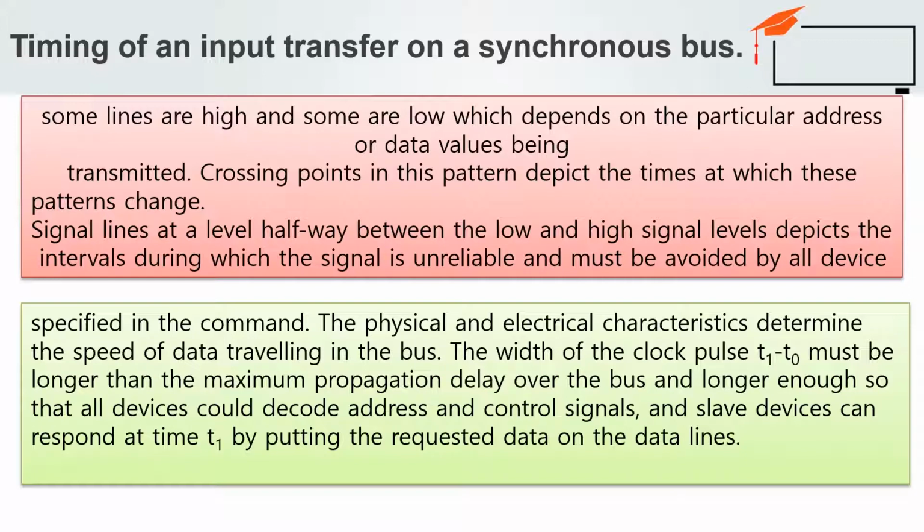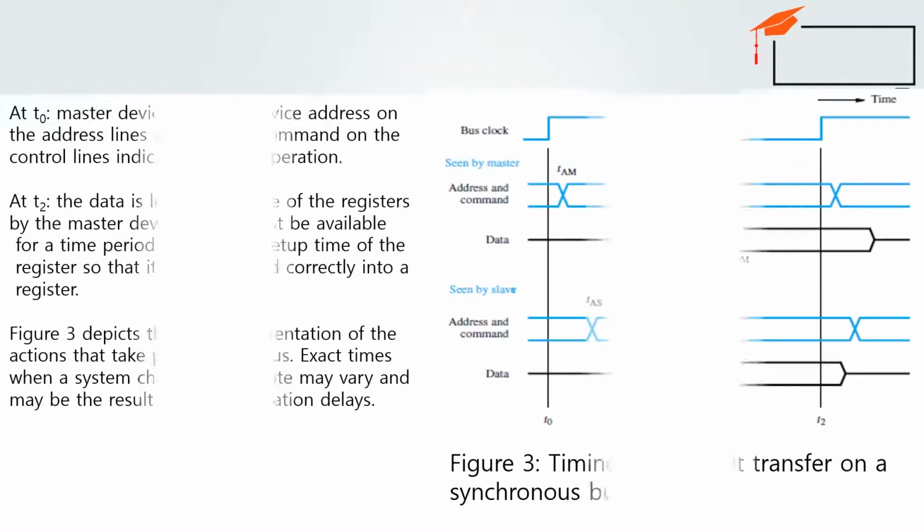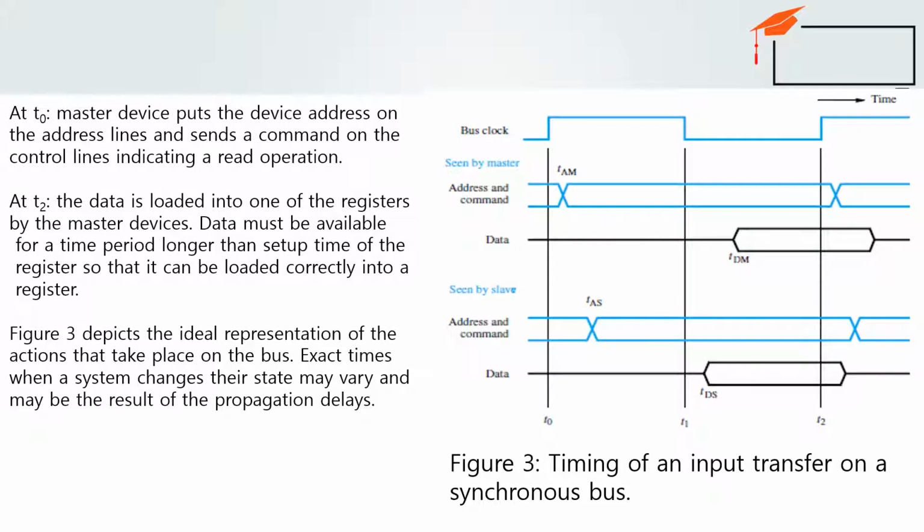For instance, consider the sequence of signal events during an input or read operation. At T0, the master device puts the device address on the address lines and sends a command on the control lines indicating a read operation. The length of the operand to be read can also be specified in the command.